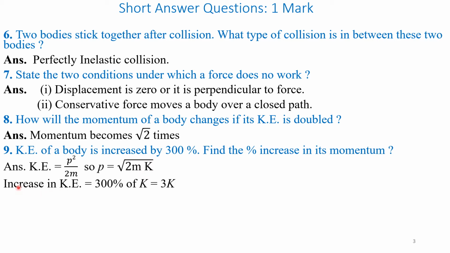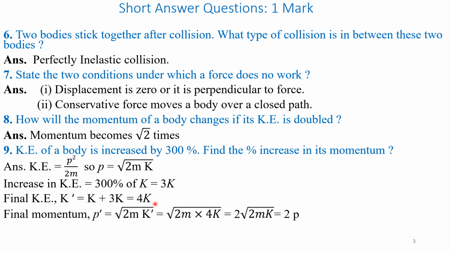So increase in kinetic energy is 300% of K, that is 3K. Therefore, final kinetic energy K dash is equal to K plus 3K, that is equal to 4K.